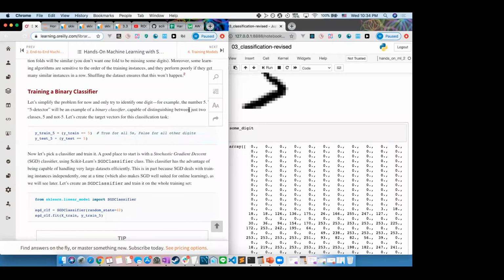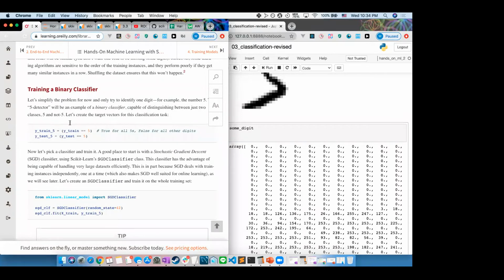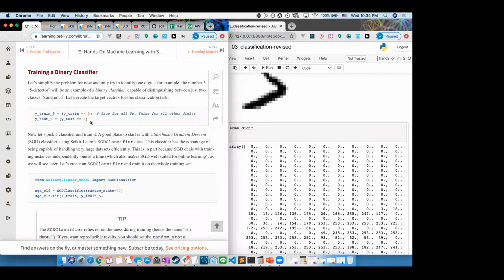So we're only detecting 5 or non-5s, a classifier capable of distinguishing between just 2 classes, 5 and non-5. That's right, and true for all 5s. So basically, this will just validate this entire training set.